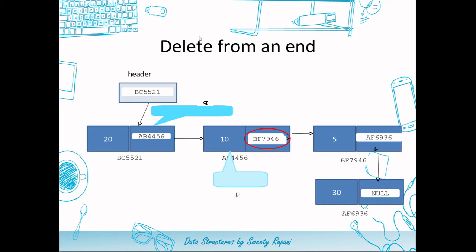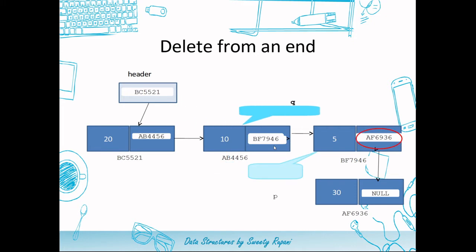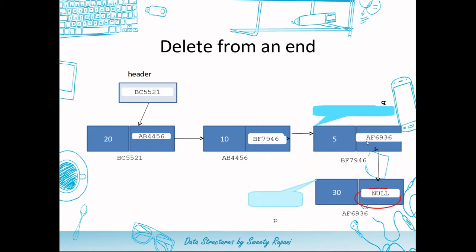Again over here, P checks the address field. The address is a valid address, it's not null. So P gets incremented to point to the next node and Q points to the previous node of P. Again over here I can see it's a valid address, it's not null. So P is required to be incremented to point to the next node, whereas Q points to the previous node.